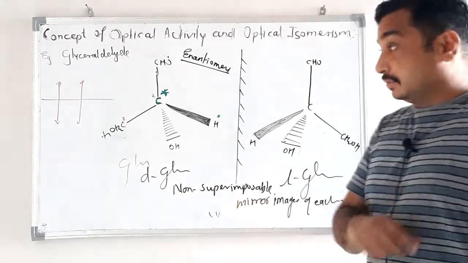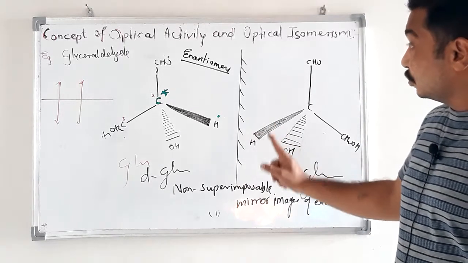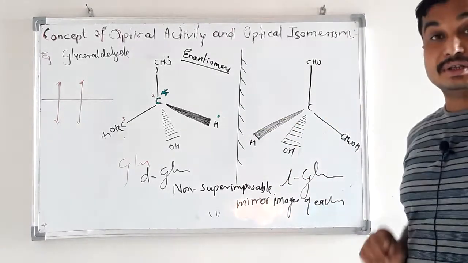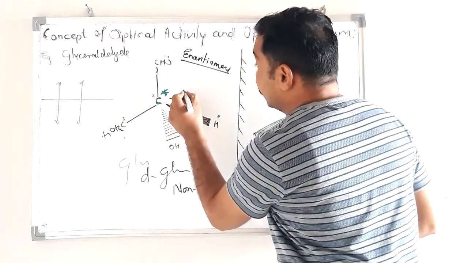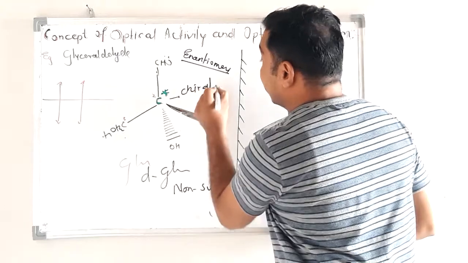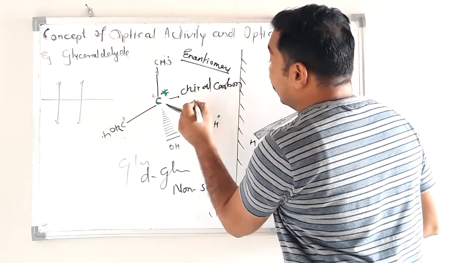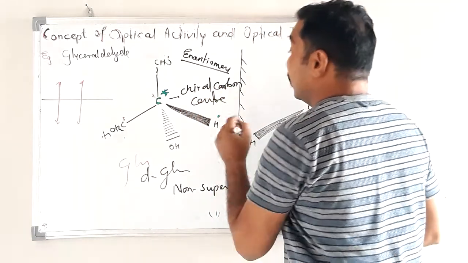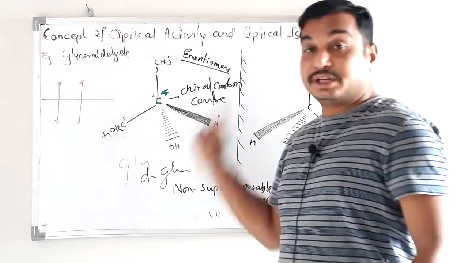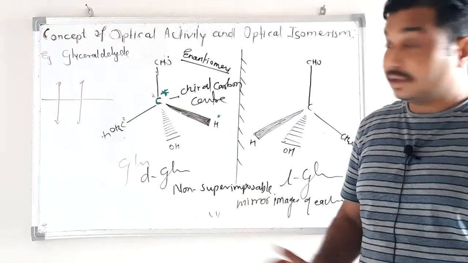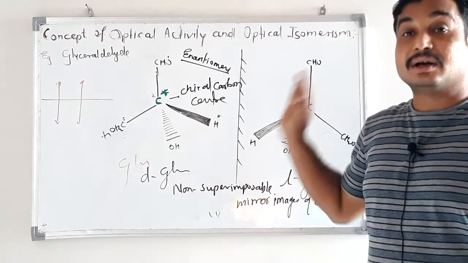And when optical isomers are enantiomers of each other, then this asymmetric carbon atom is said to be a chiral carbon, chiral center, and the molecule is said to be chiral.